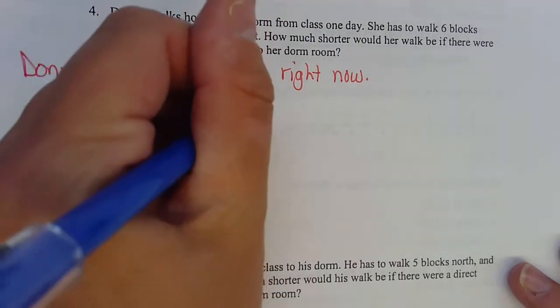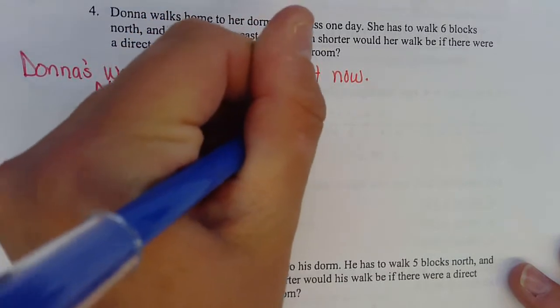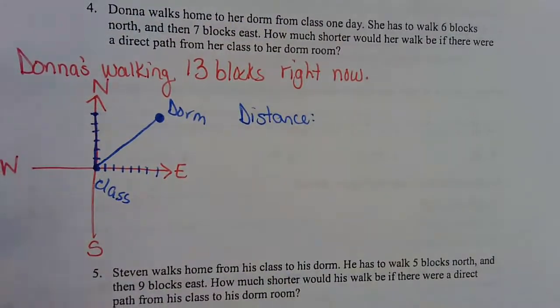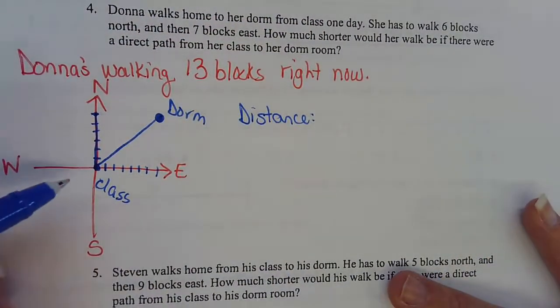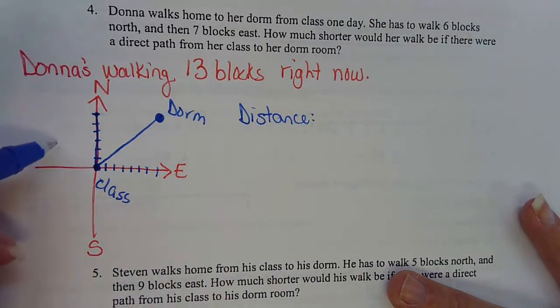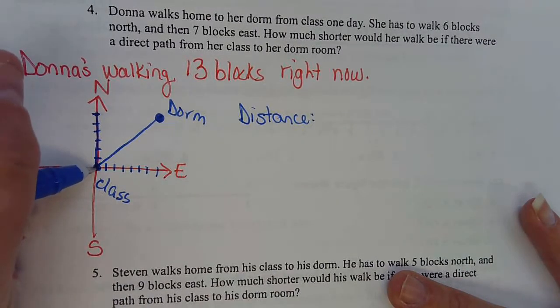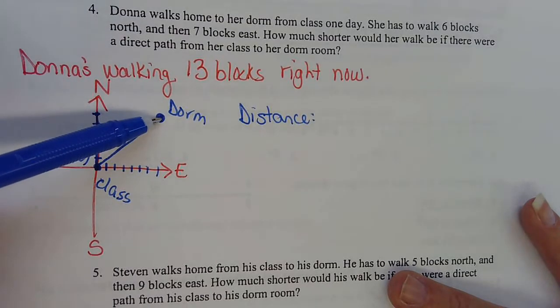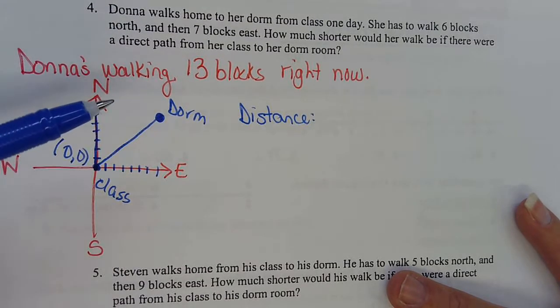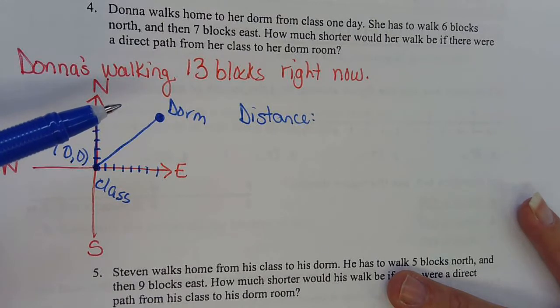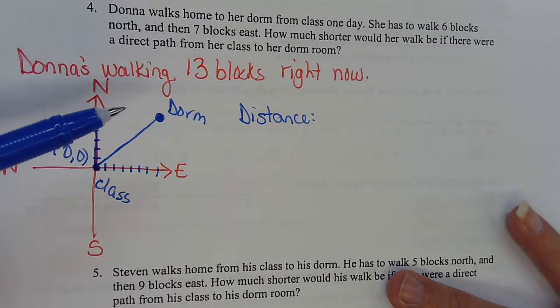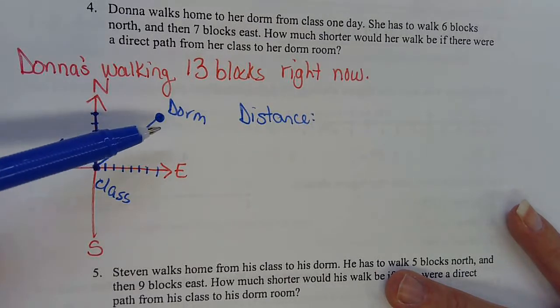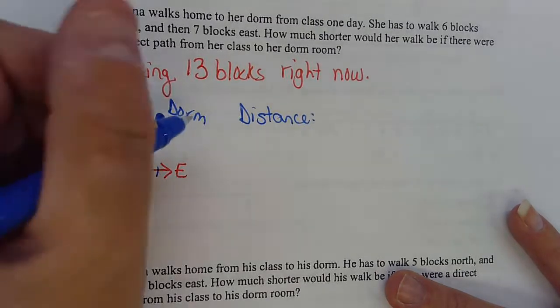So in order to use the distance formula, you need coordinates. What's the coordinate for where her class is? Right here, her class. 0, 0. So her class is at 0, 0. And her dorm is at what coordinate? It's not 6, 7. What's this point? It'd be 7, 6.